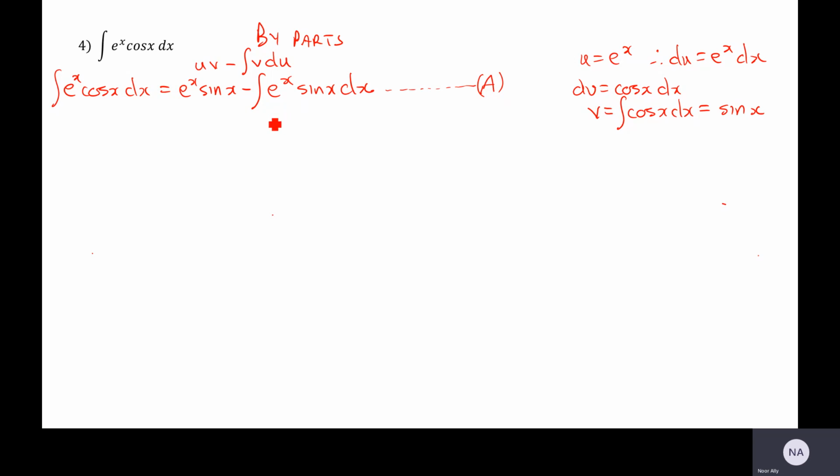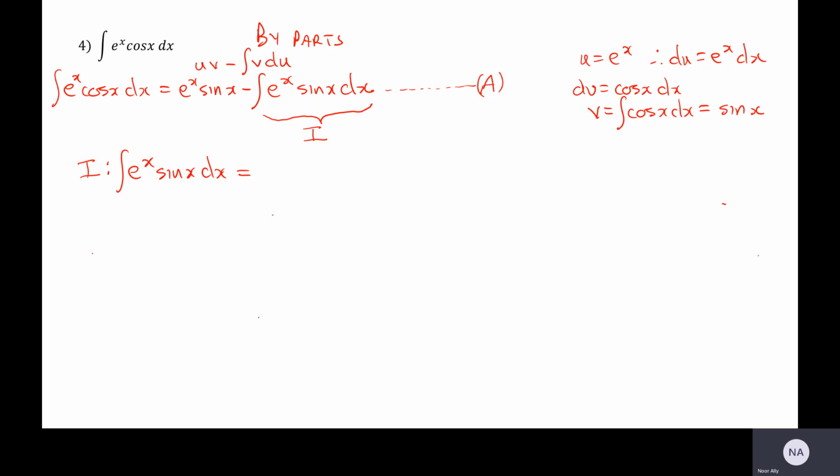I'm going to take this integral here and call it I. I'm going to work it out separately, and after I've worked out whatever I is, I'll then substitute back into A. So let's take I, which is the integral of e to the x sine of x dx.